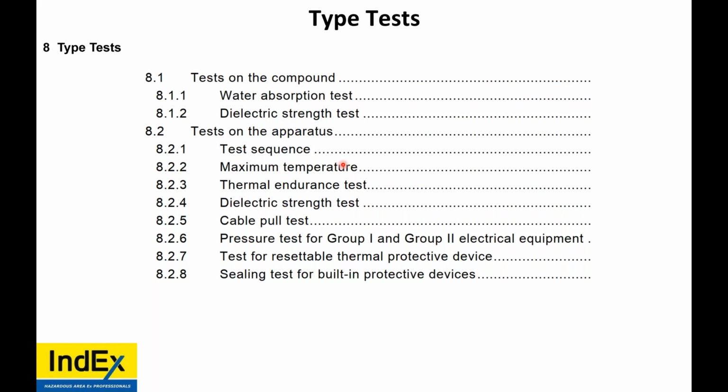Now, the tests on the apparatus, the equipment: we can be speaking about the test sequence of how it will be done, the maximum surface temperature, the thermal endurance test, an insulation resistance and dielectric strength test, a cable pull test, an overpressure test, a test for resettable thermal protection devices, so circuit breaker, and a sealing test for built-in protective devices.